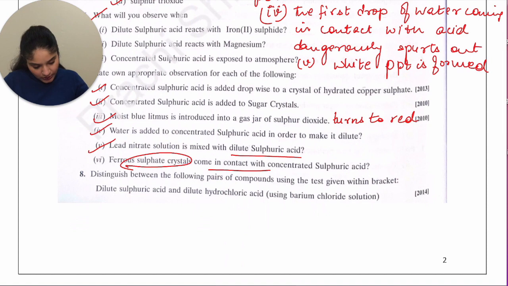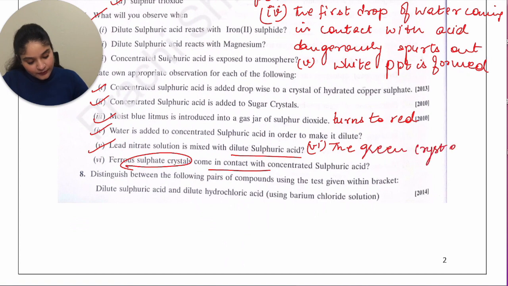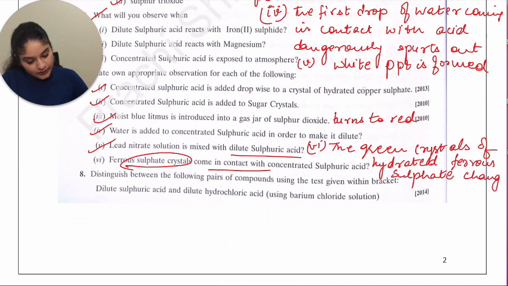I am going to write it here. You can say the green crystals of hydrated ferrous sulfate change to white powder. Okay, so this is done.